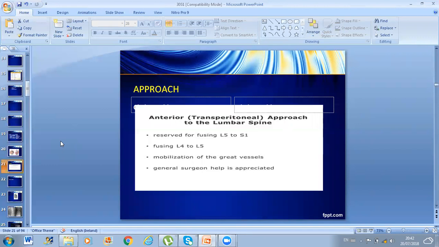You do the dissection of the peritoneum to one side, that is on the right side. Then you reach the psoas, do the blunt dissection over the psoas, identify the iliac artery and vein, identify the iliolumbar artery, mid-sacral arteries, identify the small vessels and ligate them, localize the disc, and then do the procedure.